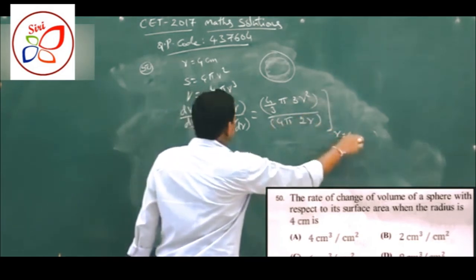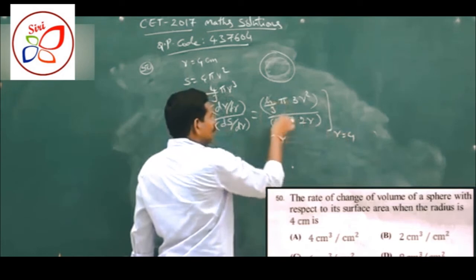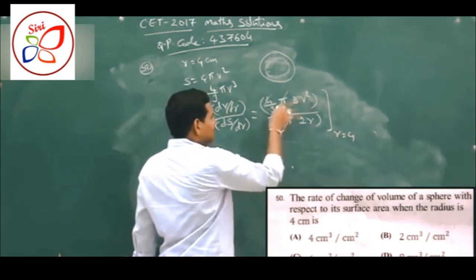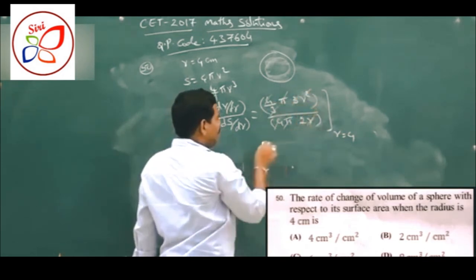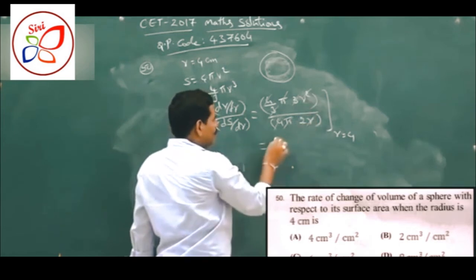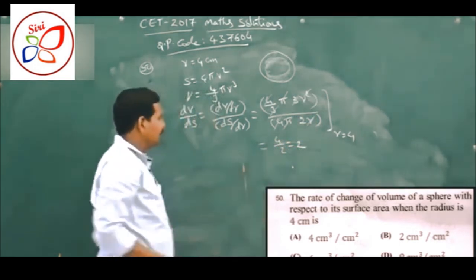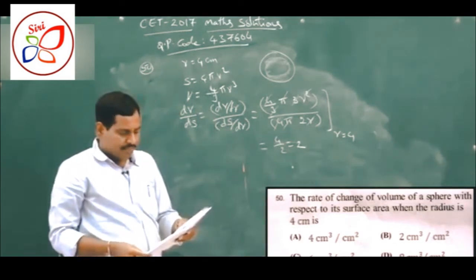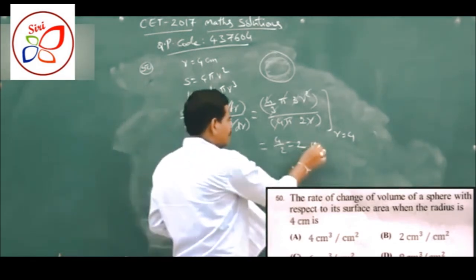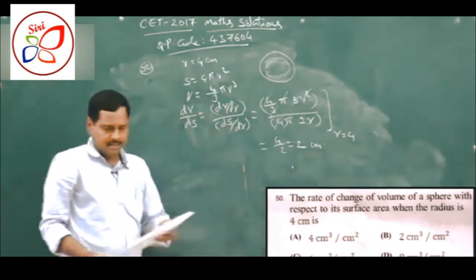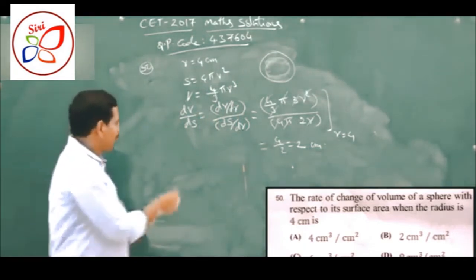When r is equal to 4, cancel 4, cancel pi, cancel 3, cancel r. Remaining r by 2, means 4 by 2, 2 cubic centimeters by square centimeters, which is given in option B.